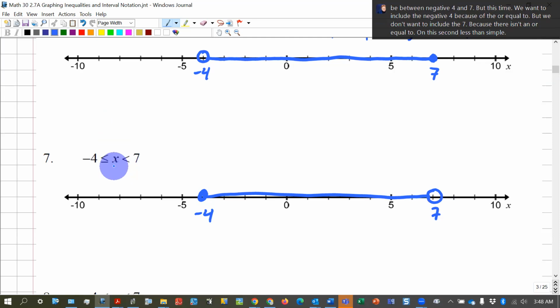So we would say x is between -4 and 7, including -4. And if we wanted to be even more clear, we could say, but not including 7.